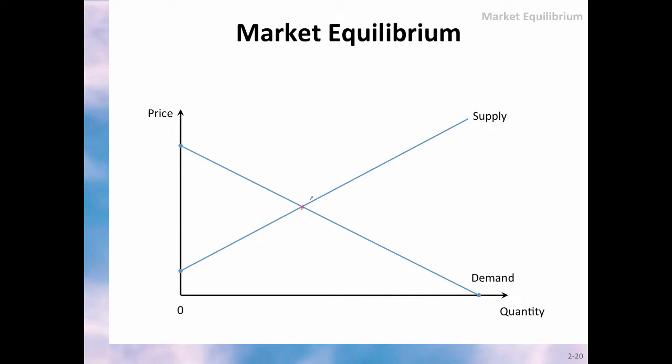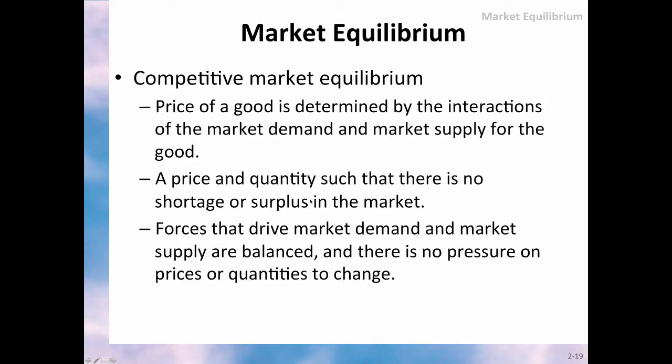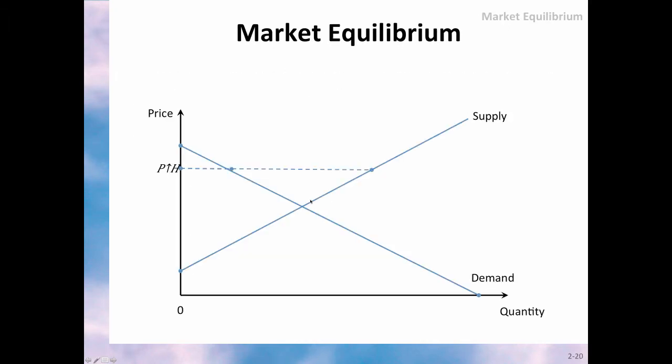However, if the price is too high, let's say PH, the quantity supplied is larger than the quantity demanded, which leads to a surplus.